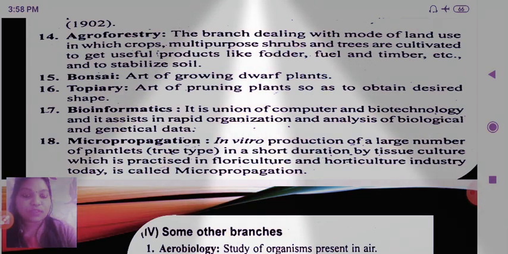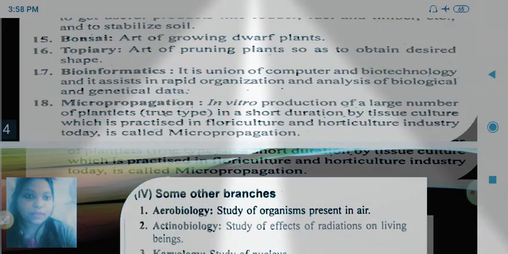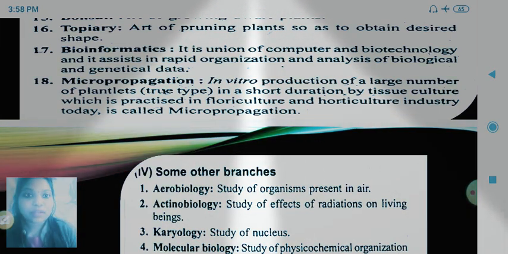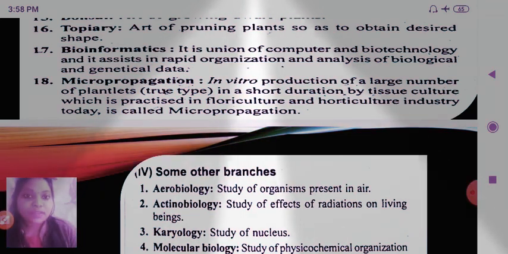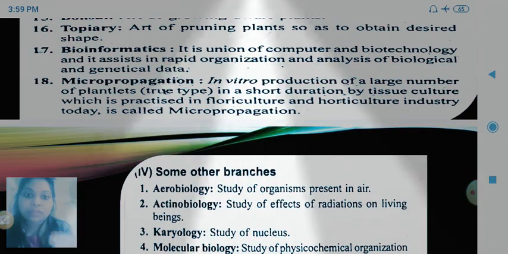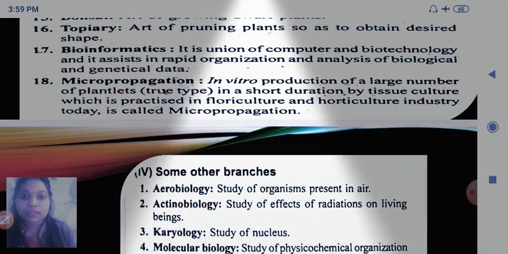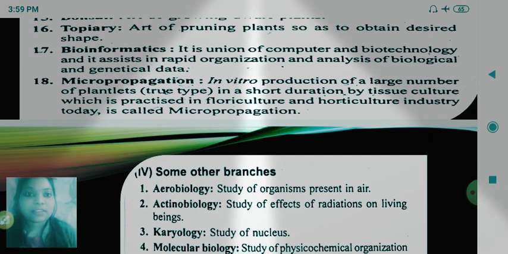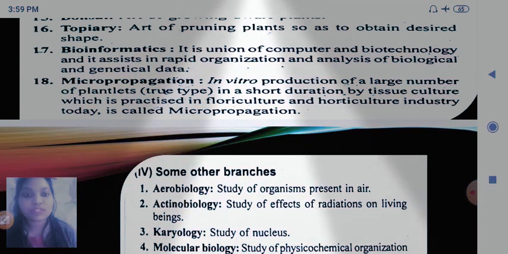Then we come to micropropagation. What is micropropagation? It is the in vitro culture, or in vitro production, of a large number of plantlets. A plantlet is a small plant that will be modified into a large plant. It has a leaf, stem and root, and this is called a plantlet.